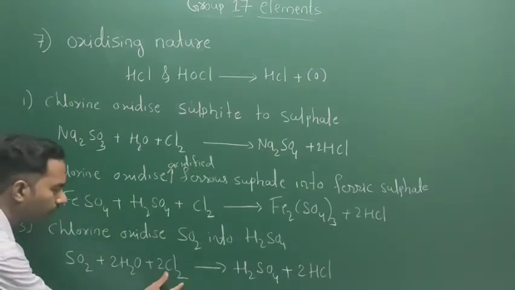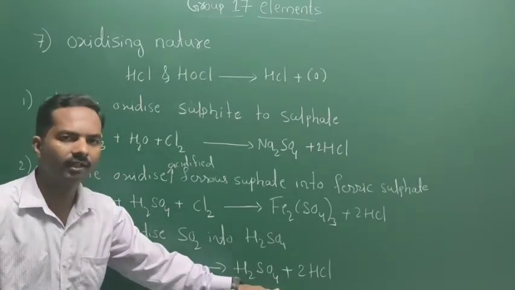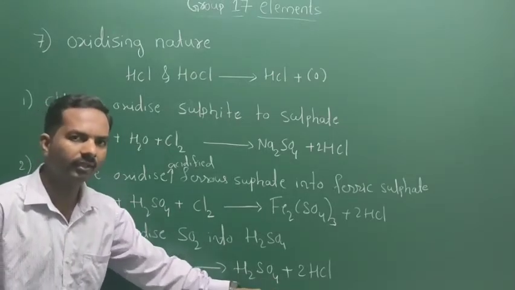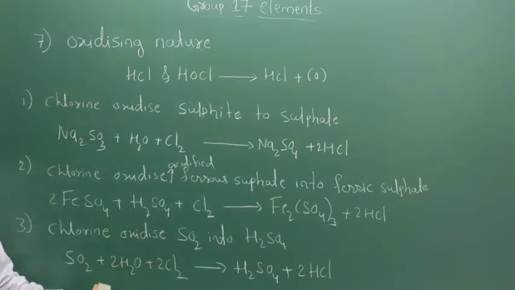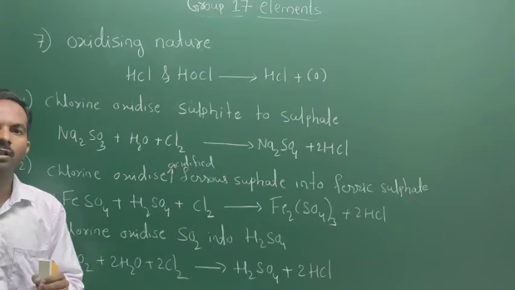So here chlorine oxidized sulfur dioxide into sulfuric acid. So here this is about the oxidizing nature of chlorine.